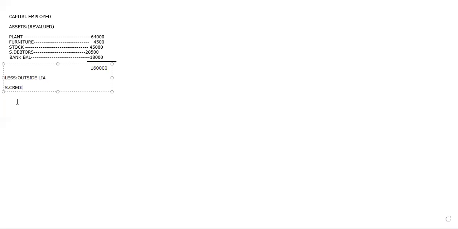So I'm directly minusing sundry creditors, 60,000. Whatever the answer is, it is called capital employed. So 1,60,000 minus 60,000 will be 1 lakh. This is the capital employed I got.